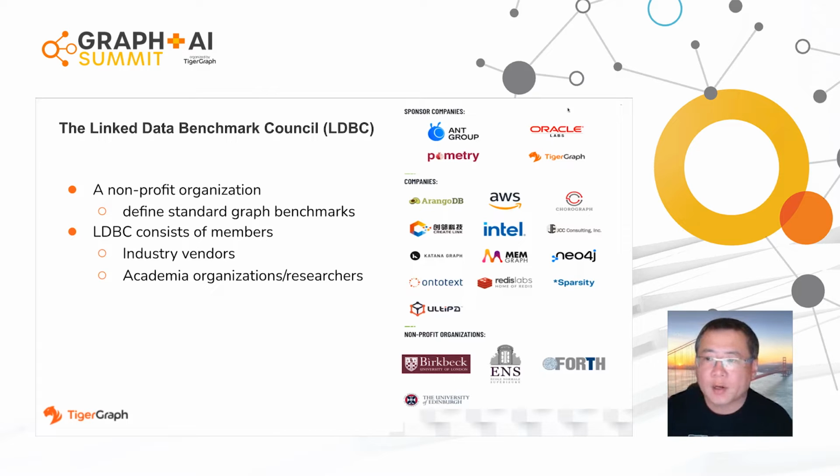The industry vendors are mostly graph database vendors, such as TigerGraph, Oracle, and so on. This organization was established in 2012, and its main mission is to design particular benchmark workloads so that different graph database vendors can implement them and compare their performance against each other.